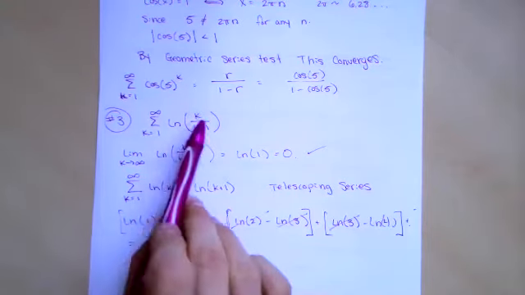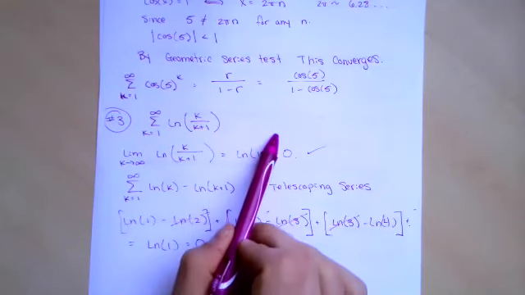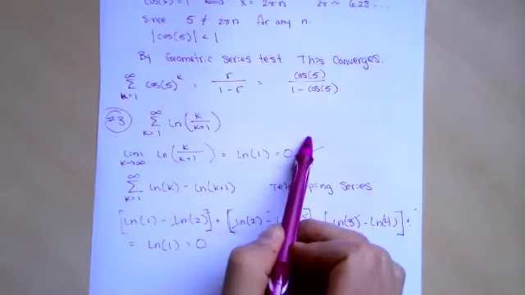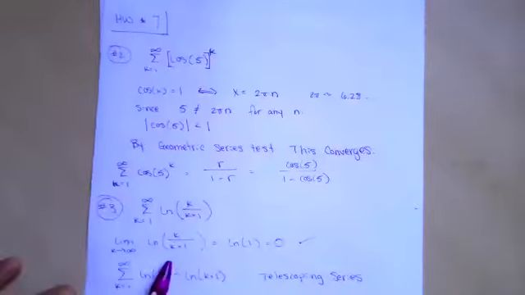If we were to write out the individual terms, it'd be natural log of 1/2 minus plus natural log of 2/3 plus 3/4 natural log, and all of those terms are negative in a weird way, but they should still cancel out and ultimately get 0, it looks like.